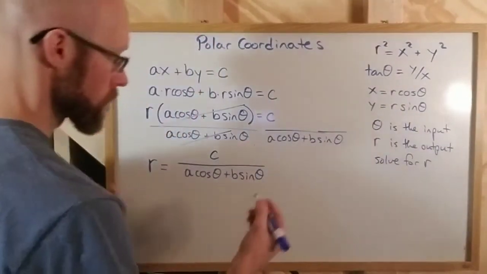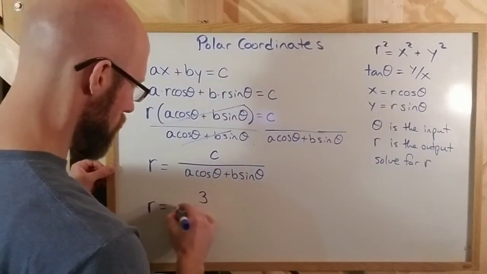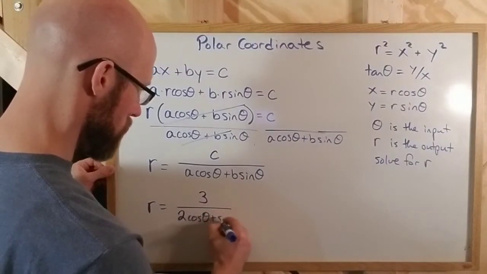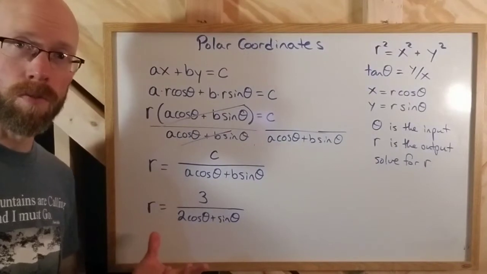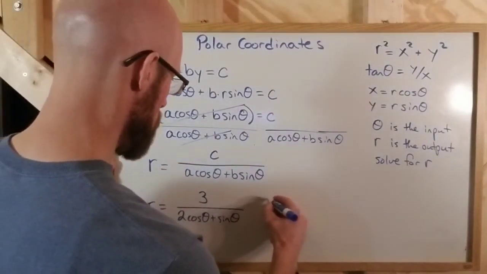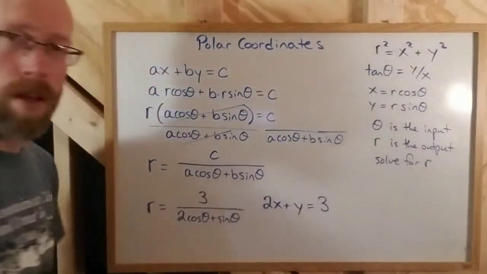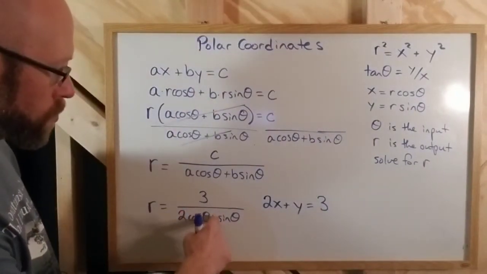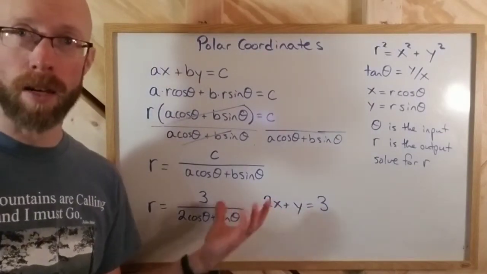Okay, so an example, if you have the equation r equals 3 over 2 cos theta plus sine theta, if this was an equation given to you, you would know that it's equivalent to the equation 2x plus y equals 3. Right? So it's a linear equation because the a is 2, the b is 1, and the c is 3, and so you could set that up that way. And then you could plot that pretty easily.